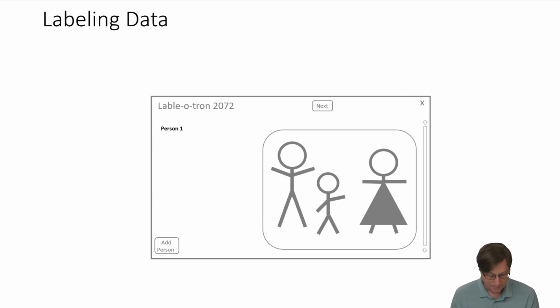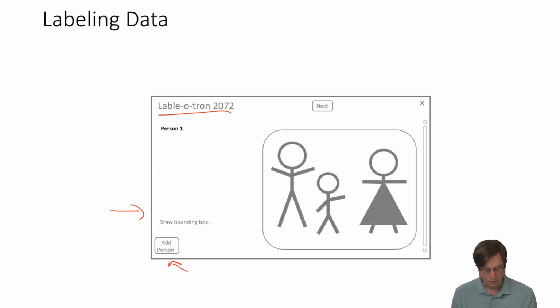And here's a sample of the tool you might build to support the labeling process in a computer vision application. Probably it'll have an awesome name. Maybe even awesomer than this one, although I don't know if you could come up with something like that. And then there's just the workflow around it where you'd say, well, on this image, is there a person or not? Or do I just want to go to the next image? If there is a person, you want to add a person to the tracking database somehow.